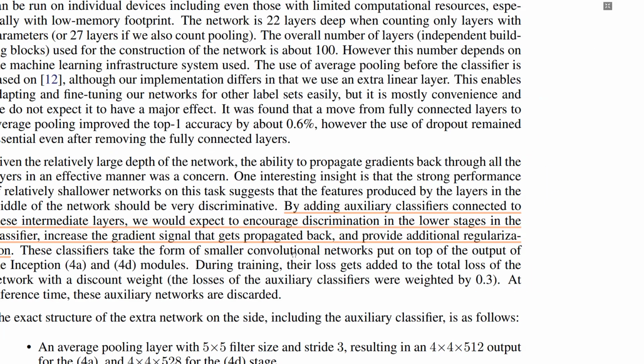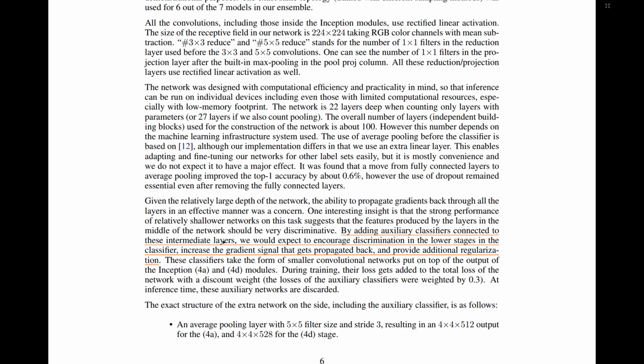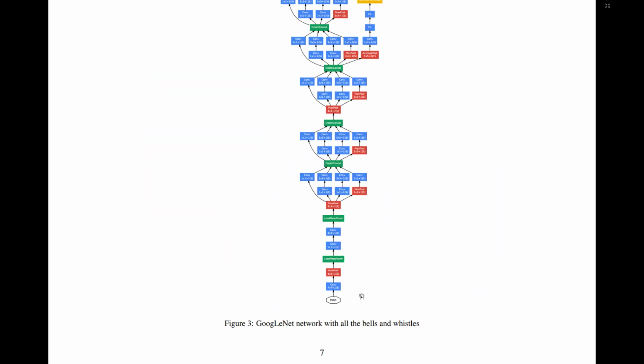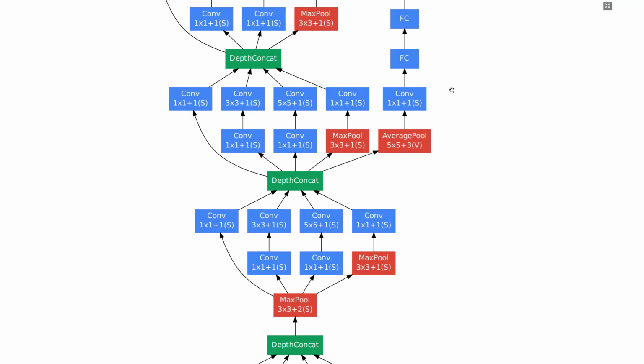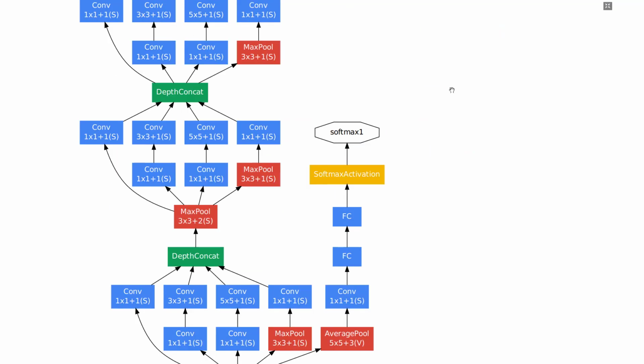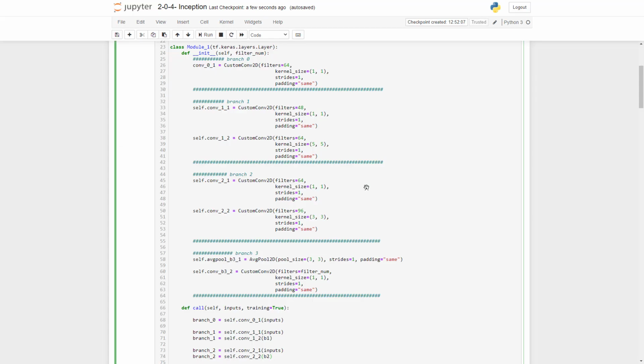By adding auxiliary classifiers connected to these intermediate layers, we would expect to encourage discrimination in the lower stages of the classifier. Hence, they increase the gradient signal that gets backpropagated and provide additional regularization. So the aim of this auxiliary layer is regularization. So these two layers are added for regularization.